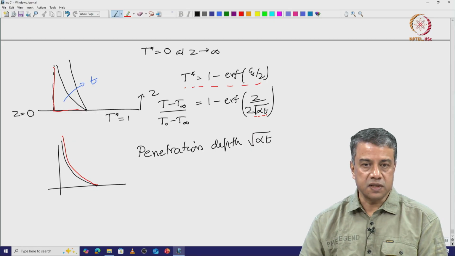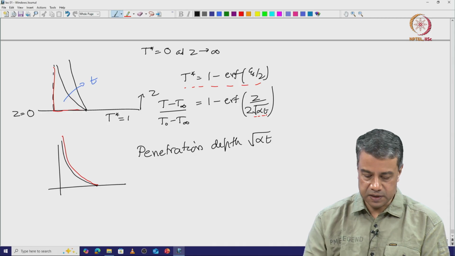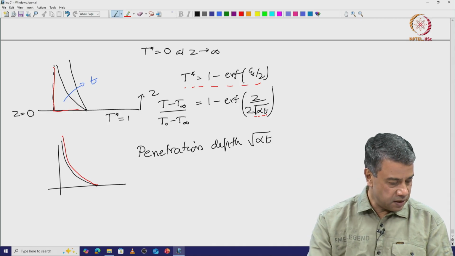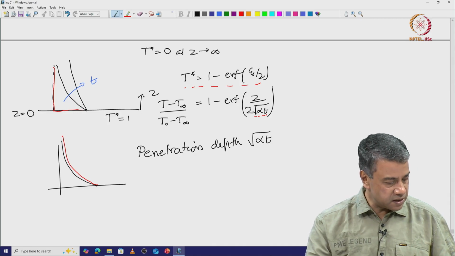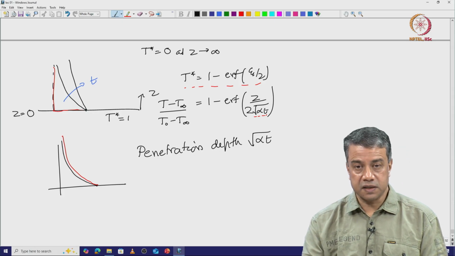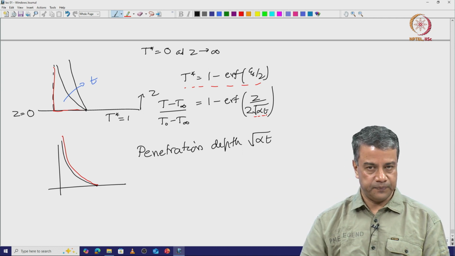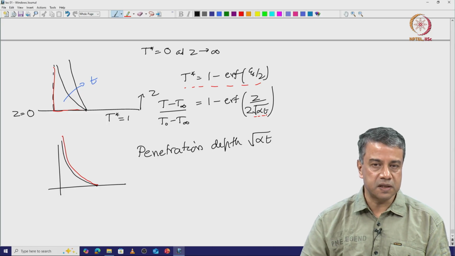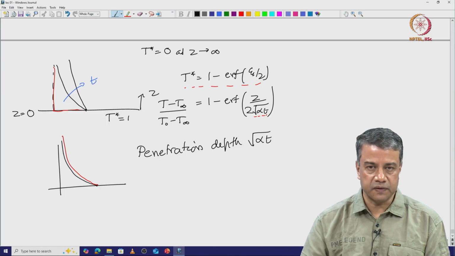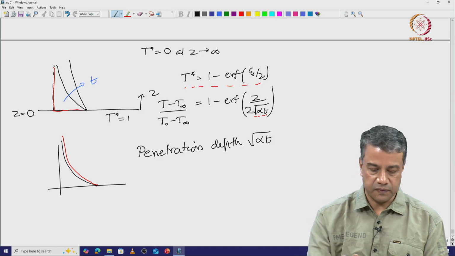The gradient is equal to the temperature difference divided by the depth of penetration. So, as the depth of penetration increases proportional to square root of alpha t, the gradient decreases as 1 over square root of alpha t.